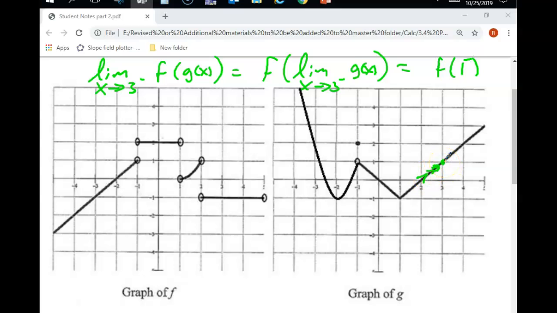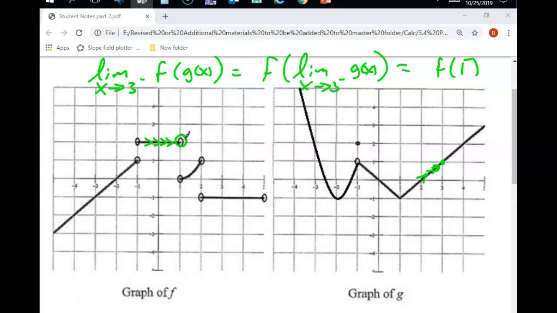So I'm coming from numbers that are less than 1. Now, since that number plays the role of an x over here, because I'm plugging it into the f function, approaching numbers that are less than 1 would be the same thing as approaching from the left. So I'm approaching 1 from the left on the f function. So here's 1 from the left would be there. And so the answer is 2.